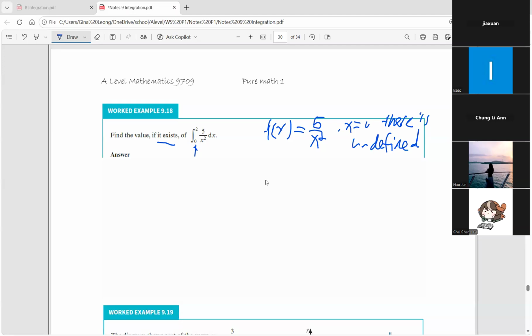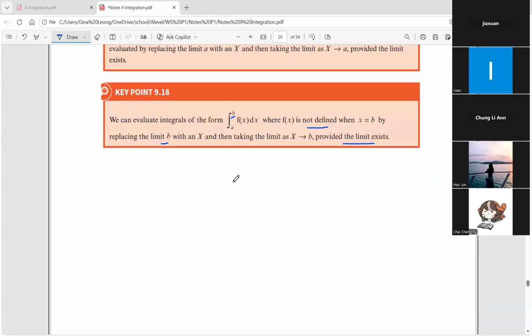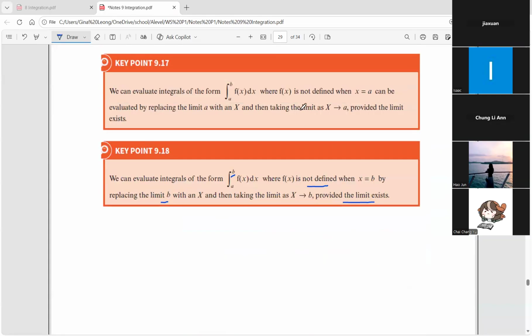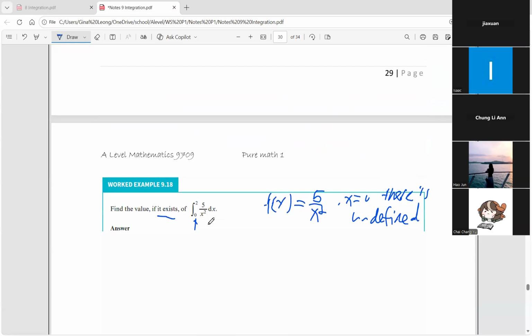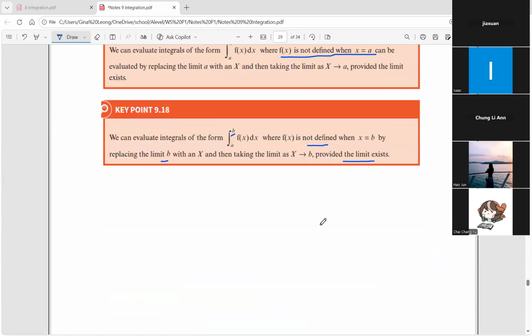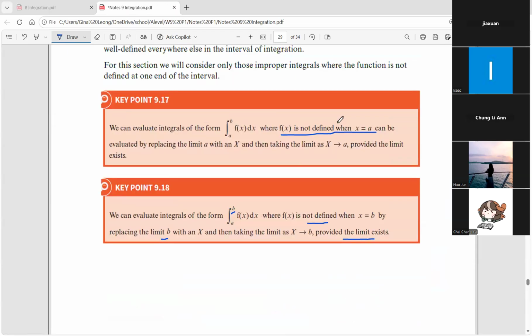When it is undefined at this 0, I go back to the theory: f(x) is not defined when x equals a. Follow my definition here. This is 0, and when I put 0 here, it becomes undefined. So when you put 0 here, f(x) is not defined.